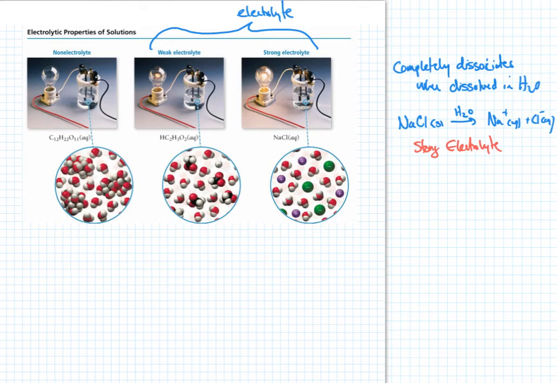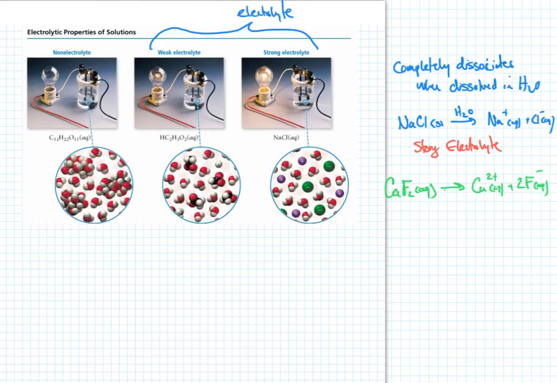One of the implications of this is if we have a solution that has a certain concentration. So for example, pretend we have something like calcium fluoride, CaF2, aqueous. We know that this dissociates into Ca2+ ions plus 2 F- ions.